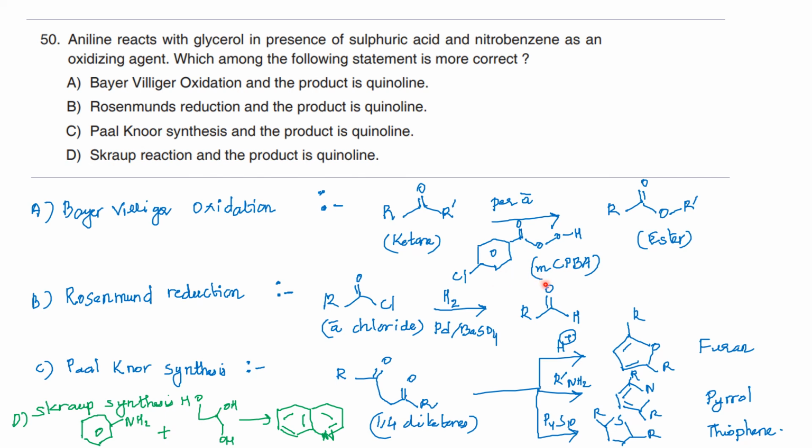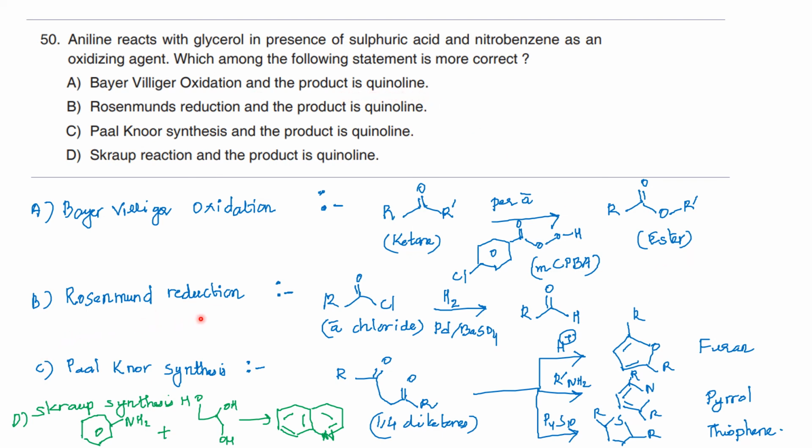For example, metachloroperbenzoic acid, which is abbreviated as MCPBA, is a very good example of a peracid. So this reacts with a ketone. One of the oxygen atoms, the extra oxygen atom in the peracid, will be introduced into this ketone to form an ester. Therefore, Baeyer-Villiger oxidation is not the right answer because the product is an ester.